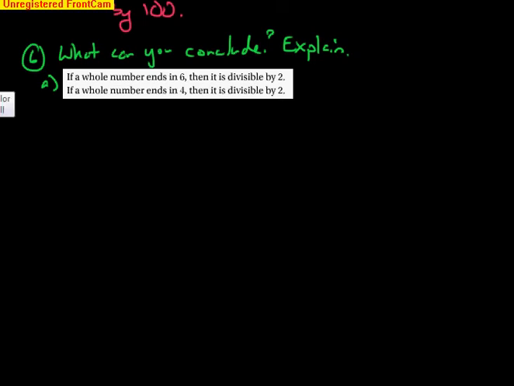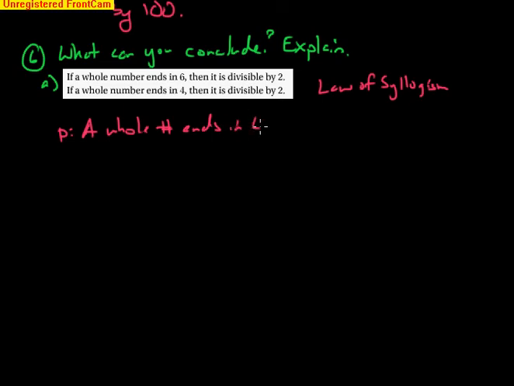Okay. Well, the first thing I see is I say, hey, there's 2 if-thens. This is going to be a law of syllogism problem. So the question is, does it flow like the law of syllogism? Let's see. I'm going to identify the first hypothesis. A whole number ends in 6. There's my first hypothesis.